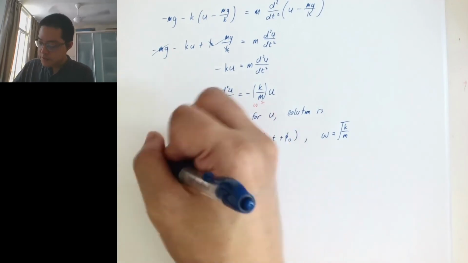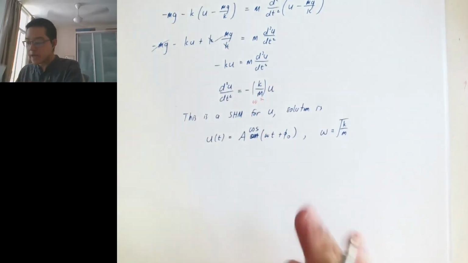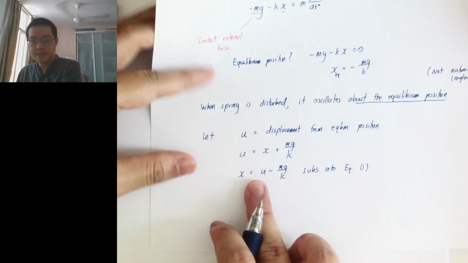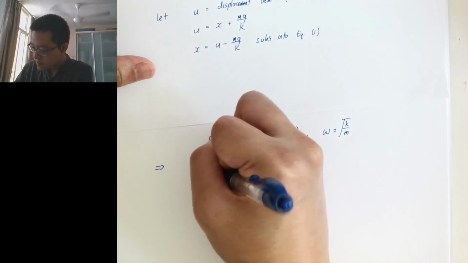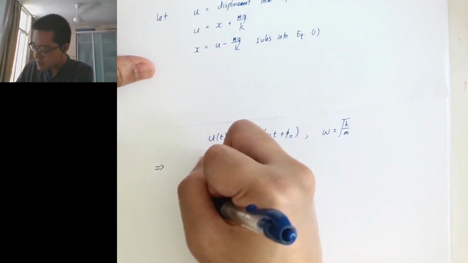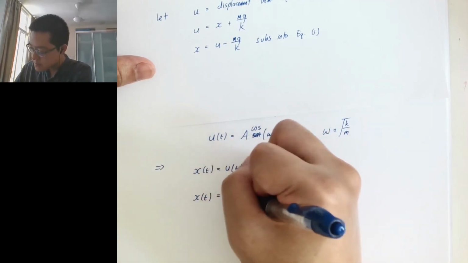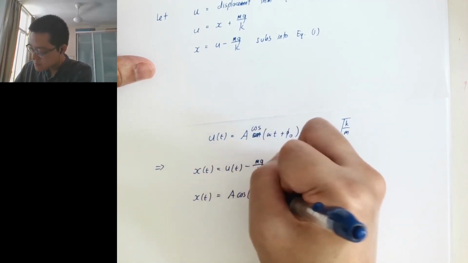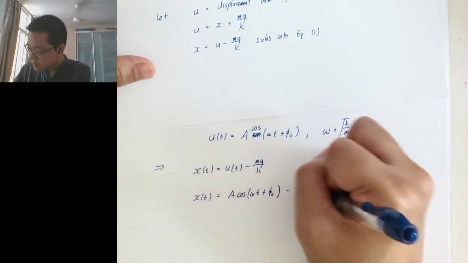Okay, so finally I got this is my displacement, so I need to express this back in terms of x. So my x equals u of t minus mg over k. So my solution is this thing minus a constant.